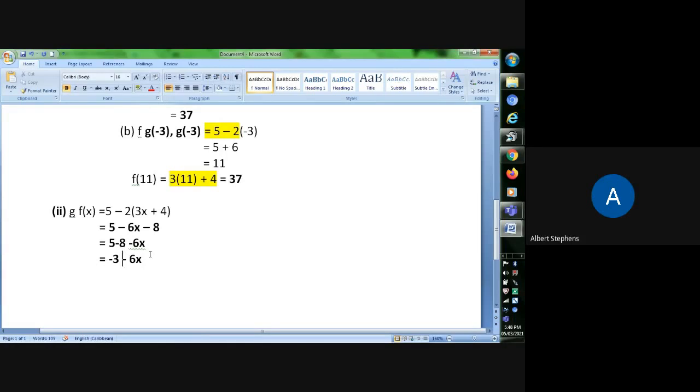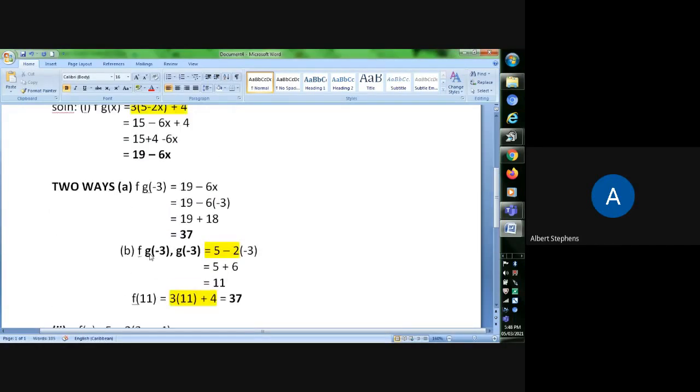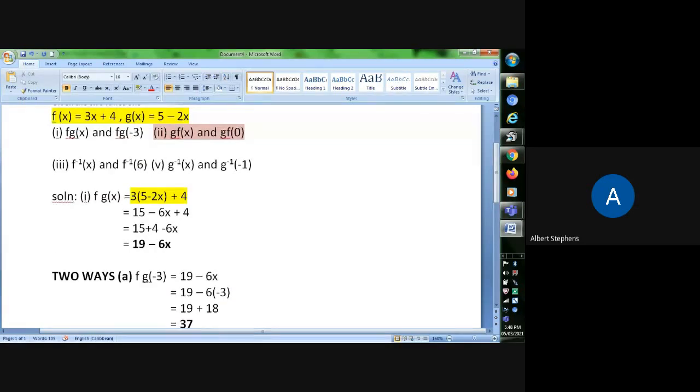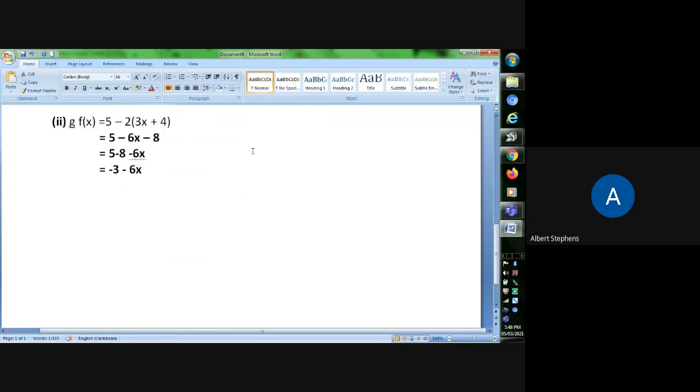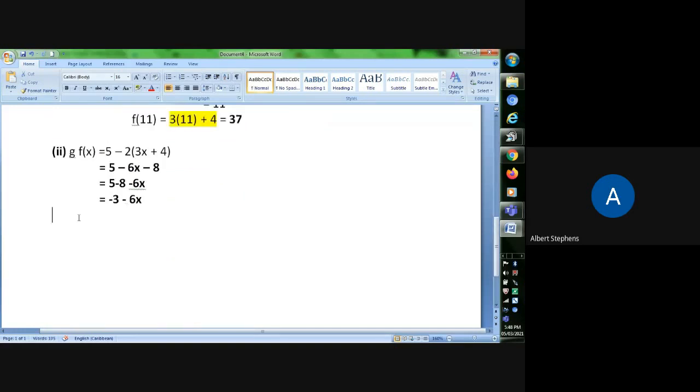All right. Let us look at the other part. It says GF0. As I said before, you can use any method. I'm going to use method 2, or method B actually.